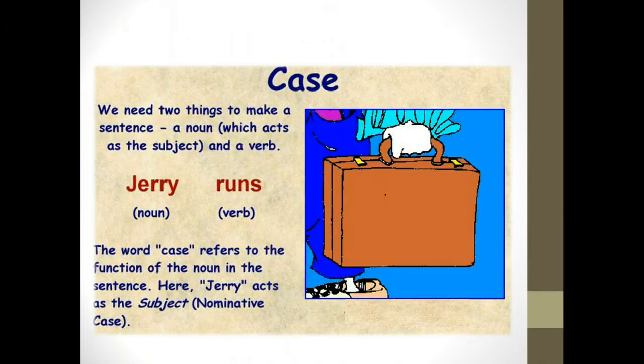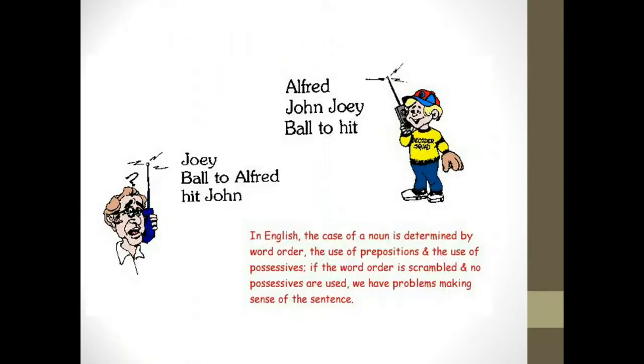Let me give you some examples here from English at how this works. In English, the case of a noun is not actually determined by its ending, but it's actually determined by word order. In English, for the most part, we stick the subject at the beginning of a sentence or a phrase or clause so that we know what's actually going on or who the sentence is talking about, and then we use prepositions and other parts of speech to help us figure out what it is that we're trying to say.